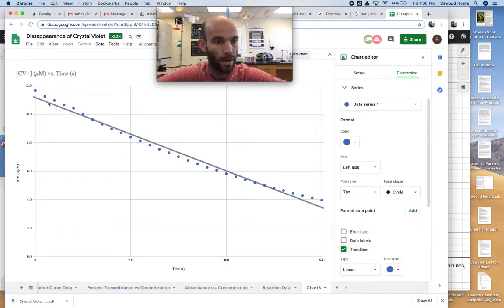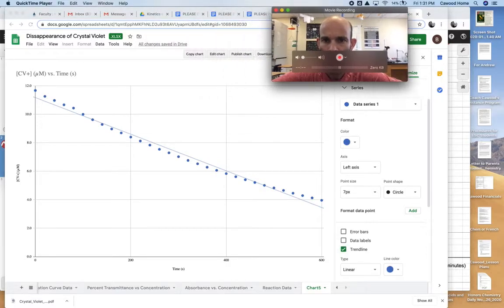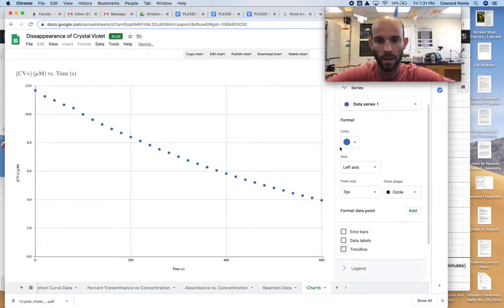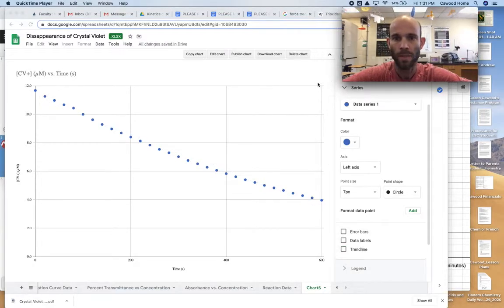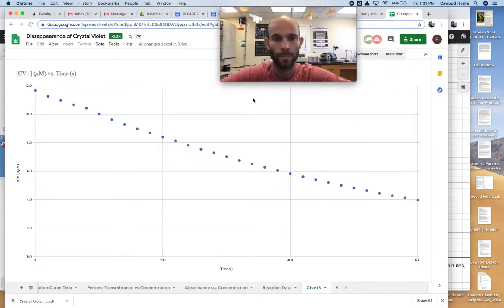The line is beneath the data at first, then it goes above the data, now it's back beneath the data. So concentration versus time, it's a nice smooth curve, but it's not linear. Okay, so let's get rid of that trend line since we know that it's not linear. So what are some other things that we could graph to see if they are linear?